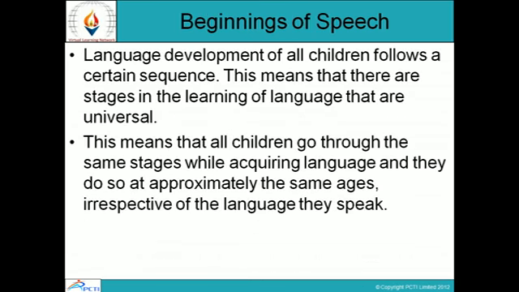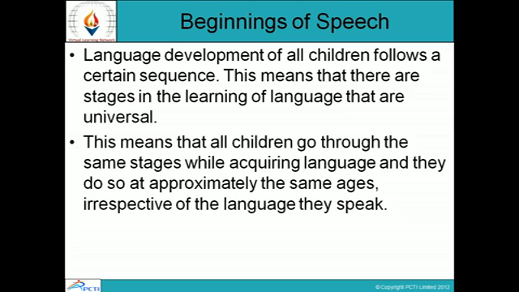Beginnings of speech. Language development of all children follows a certain sequence. This means that there are stages in the learning of language that are universal. There are some stages in the learning of language that are universally accepted and universally learned by all children. First, by discriminating between various sounds, and it proceeds from there on.